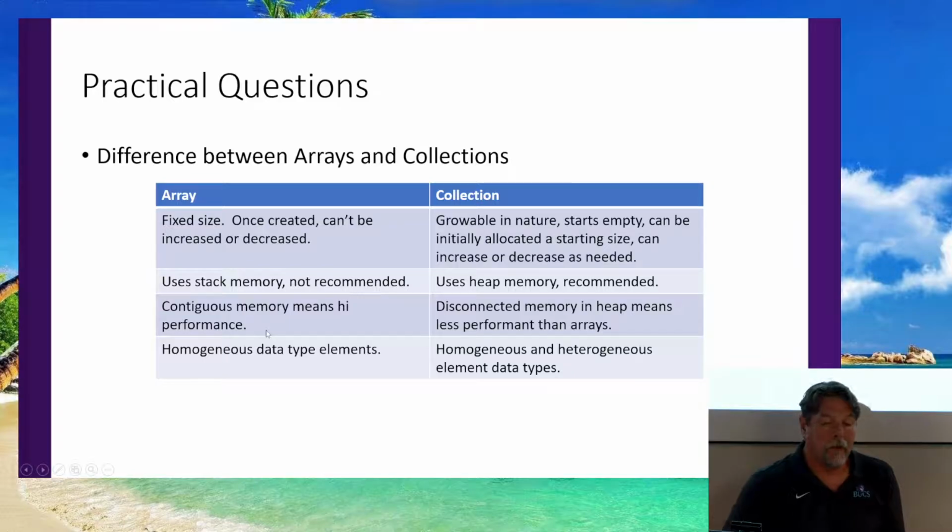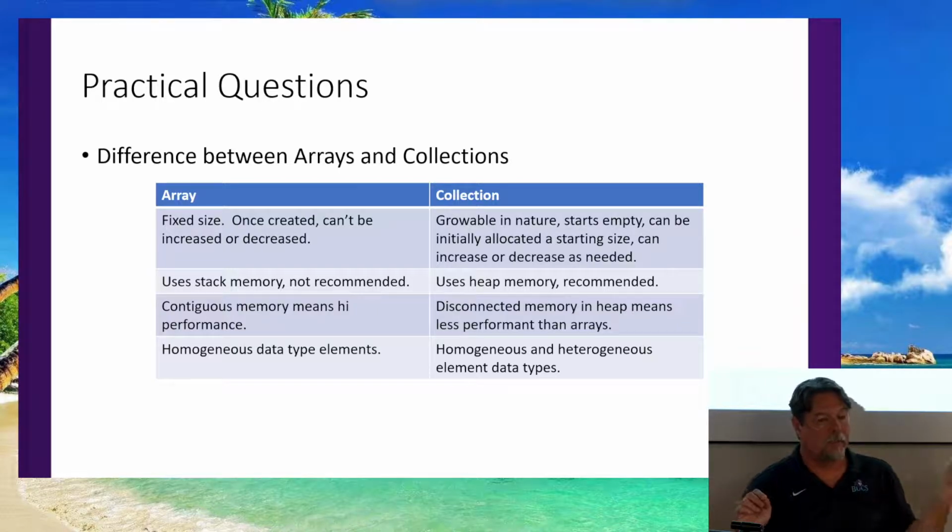Contiguous memory, the reason why you might want to use that in some scenarios is because you can get high performance out of it. I'll let you prove it to yourself whether this is true or not, but the reason you can eke more performance out of an array in contiguous memory is that finding the element you're looking for is arithmetic.